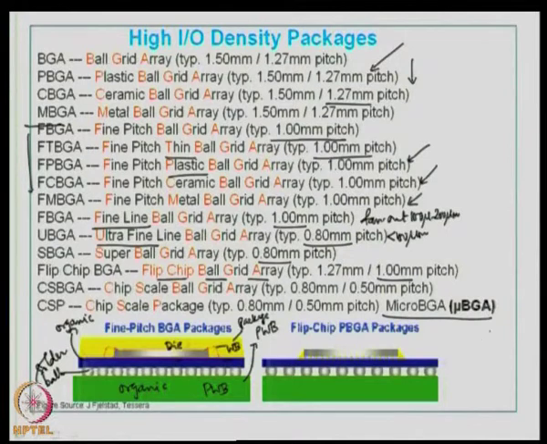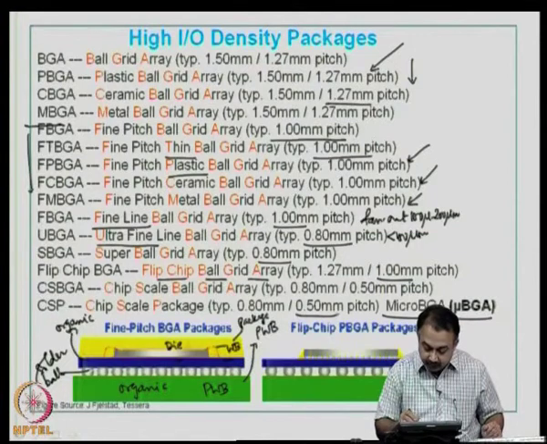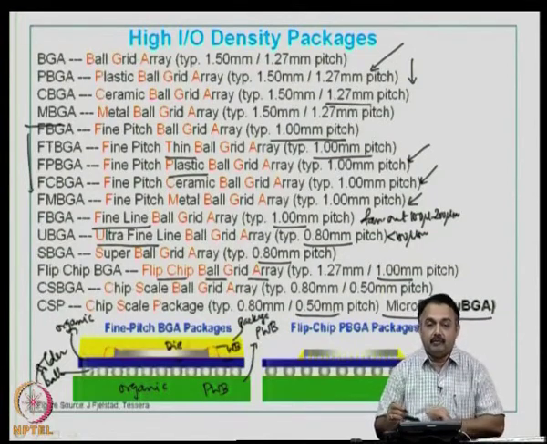In fact, micro BGA is a terminology introduced by the company Tessera. Tessera is a well known manufacturer of CSPs and BGAs globally, and you can see chip size package has a pitch of 0.5 mm and below.